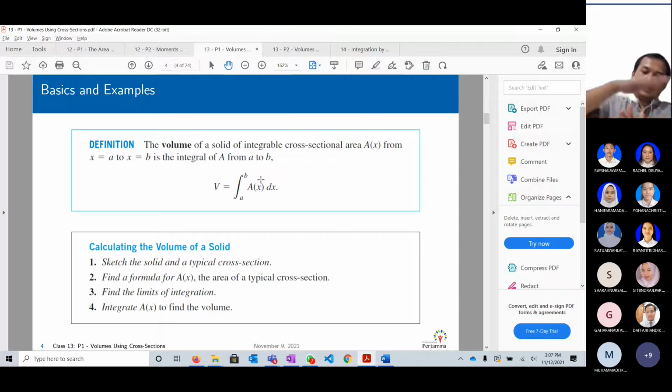Basically, we take the circle and move it from bottom to top, and the whole region covered by the movement is the volume.